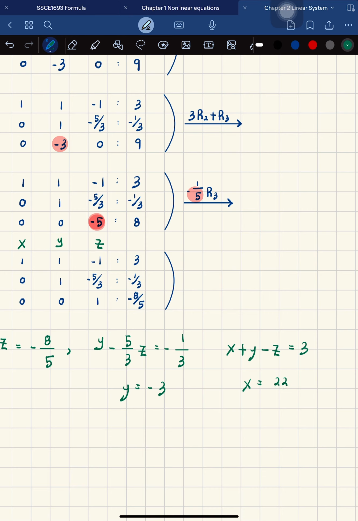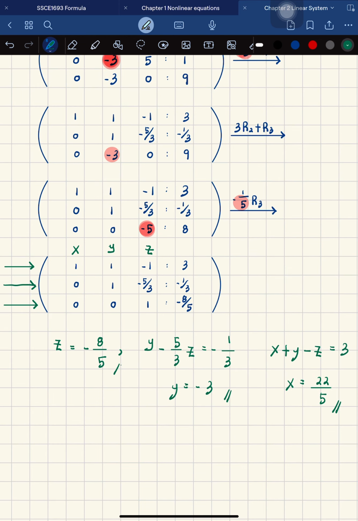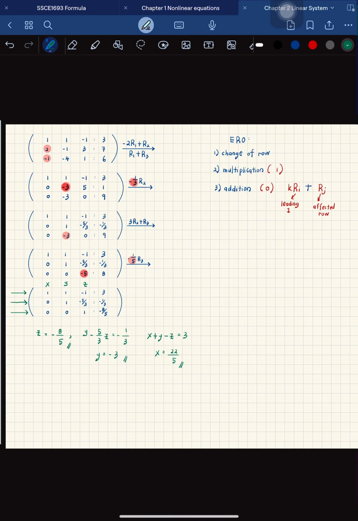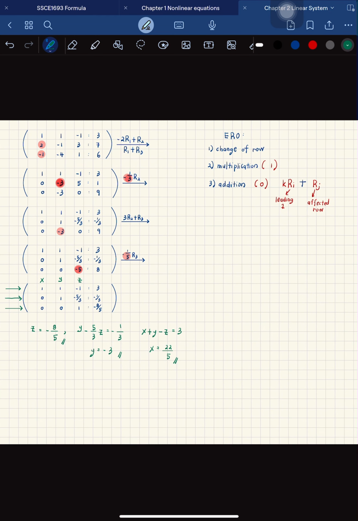So 22 over 5. So this is your answer for X, Y, and Z. So you already get the answer by using the Gauss Elimination Method.